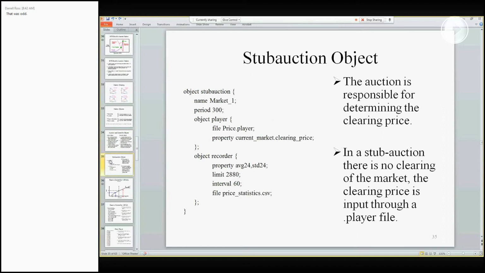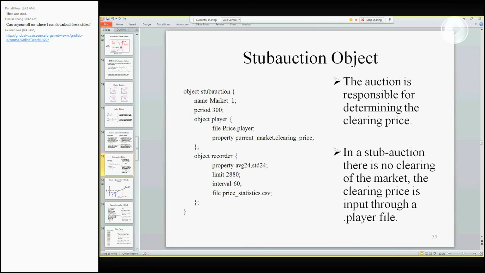So, let me give you an example of what these auctions might look like. This is an example of a stub auction object, and really, like I said, what we're looking at doing here is basically broadcasting prices. In this case, we're looking at a player that is bringing in a certain price.